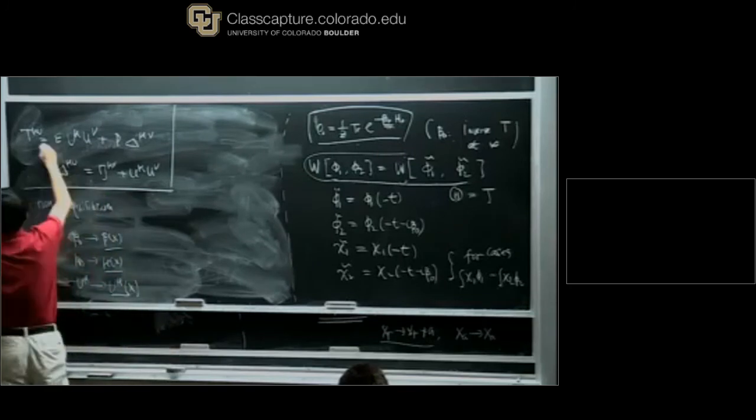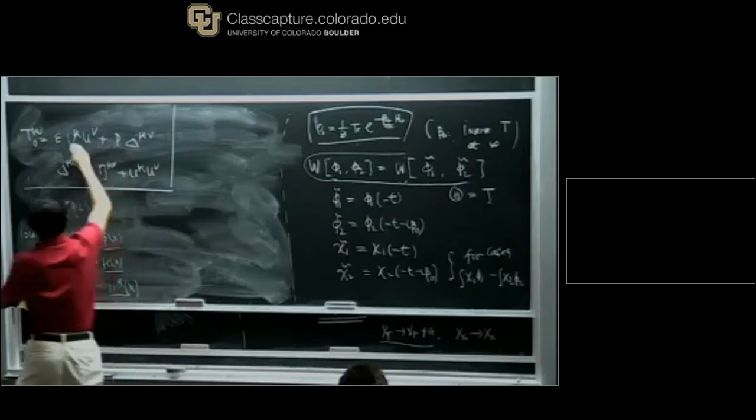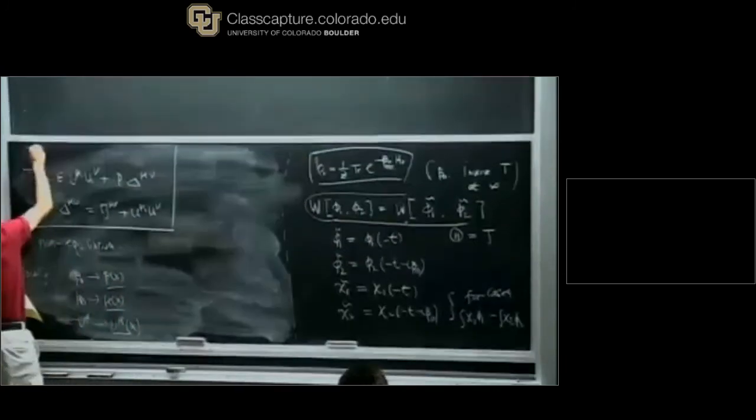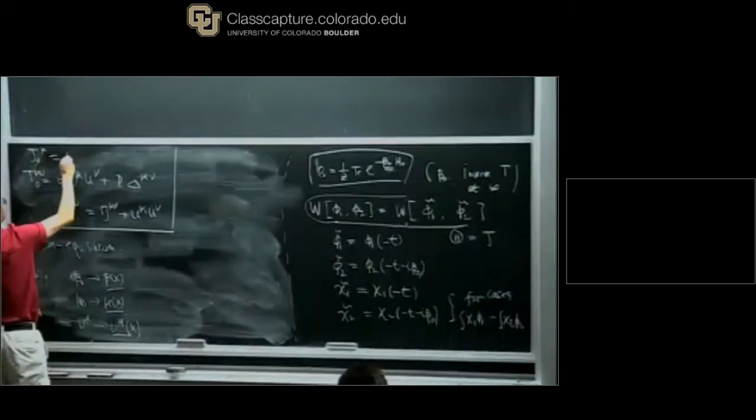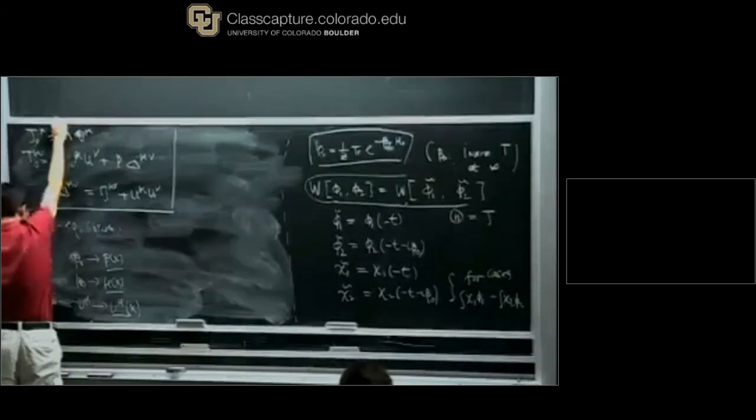So let me call this T0. Oh yeah, I also forgot to write the J0. J0 would be just n u^mu.